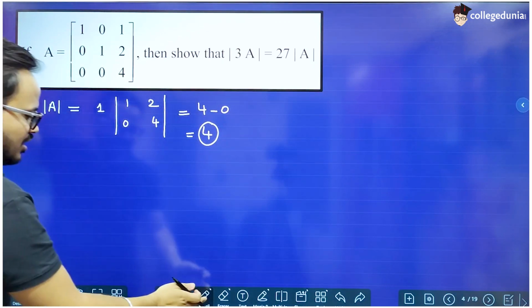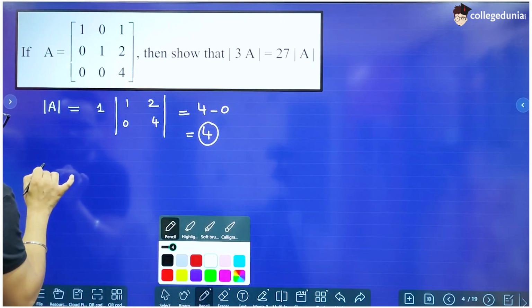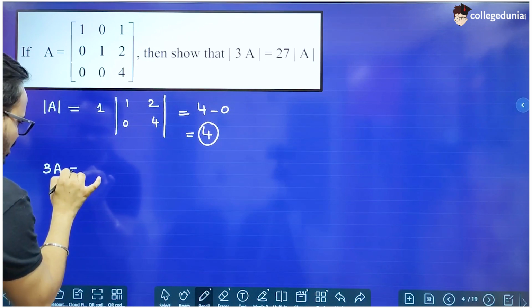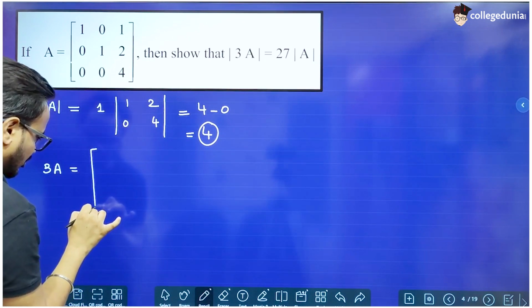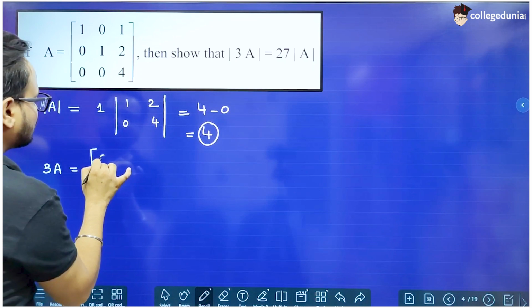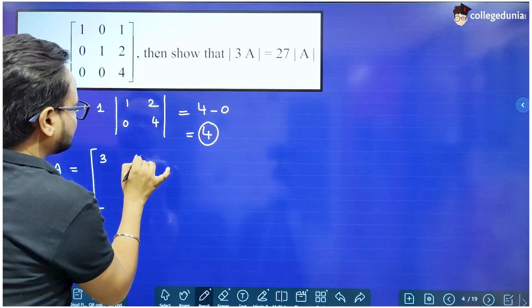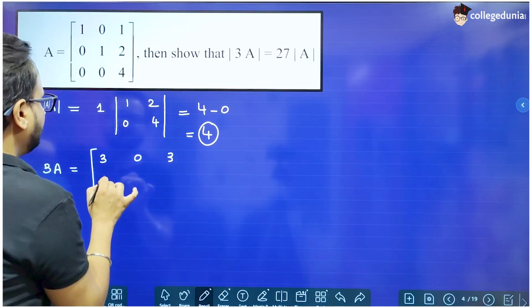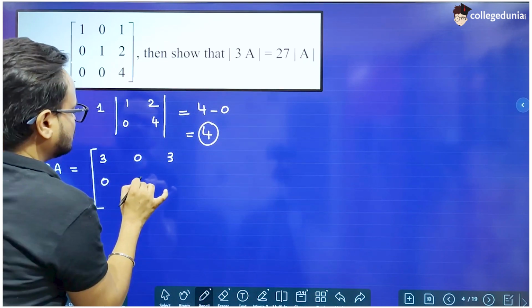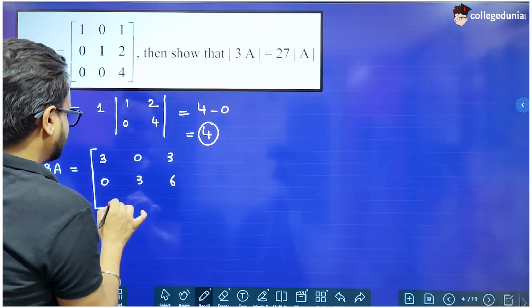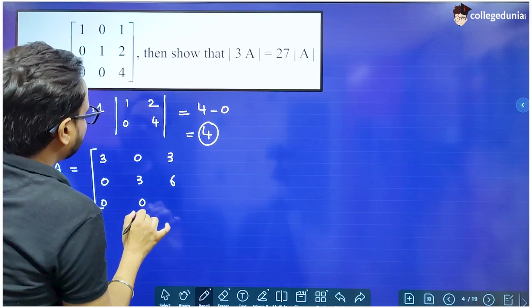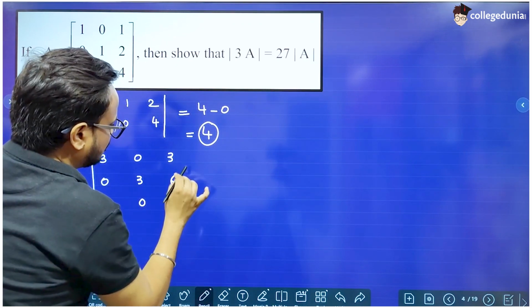So what is 3A? 3A is 3, 0, 3, 0, 3, 6, 0, 0, 12.